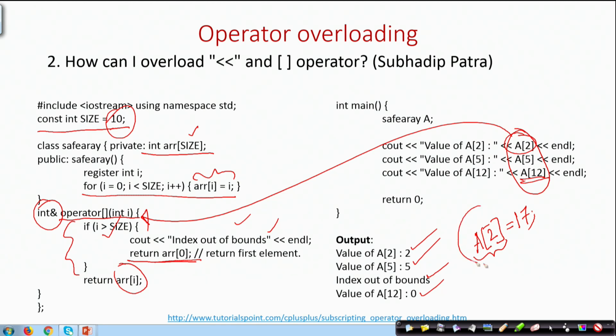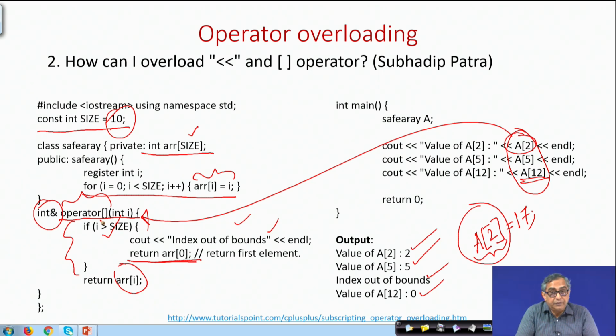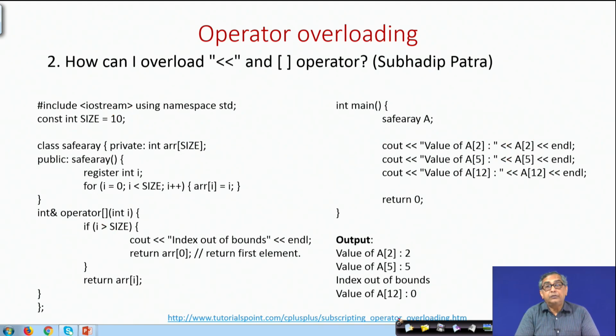So, what I should get is the address of the element here, so that 17 can be assigned there. So, operator array will have another overloaded version, which is to be used for write, where you actually get that address. So, I will leave that as an exercise for you to find out how to do that.